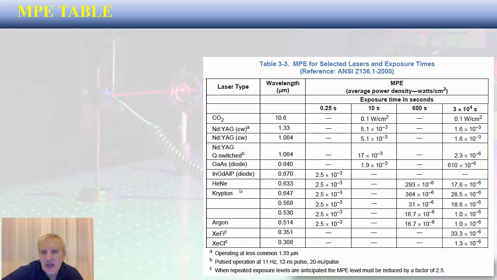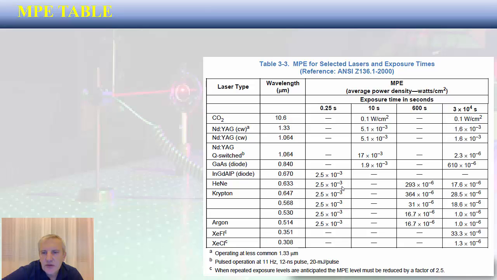You can see that, for example, for helium neon laser, you basically have 3 numbers. You have a number for a quarter second, then you have a number for 600 seconds, or about 10 minutes, and then you also have a number for a much larger exposure time of 3 times 10 to the 4 seconds, or 30,000 seconds.